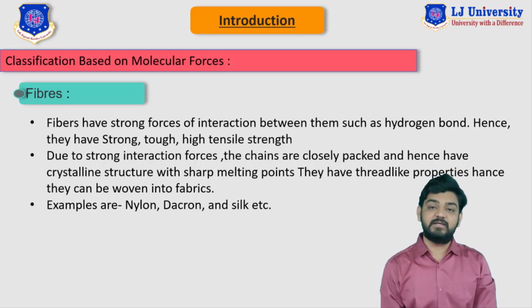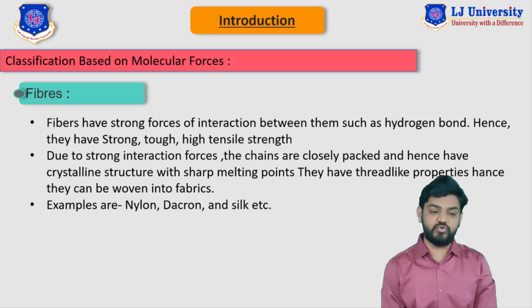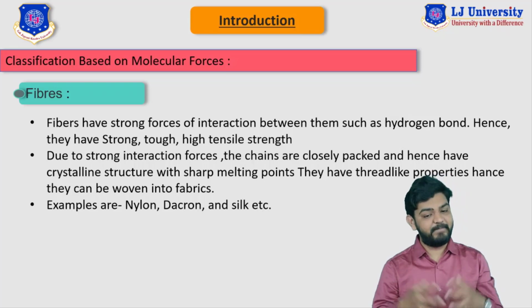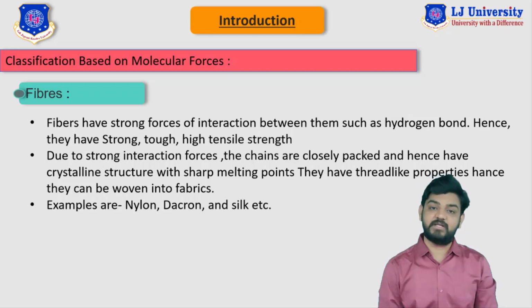They are providing thread-like properties. So now you can see on the screen, fibers have a strong force of interaction between them such as hydrogen bond. Hence, they have strong, tough and high tensile strength. Their density is also very high. Due to this strong interaction force, the chains are closely packed and hence they have crystalline structure. Mainly, they have thread-like properties.